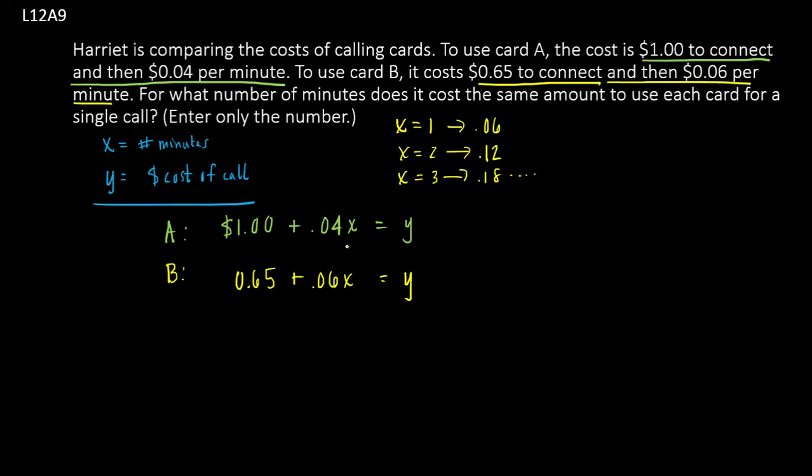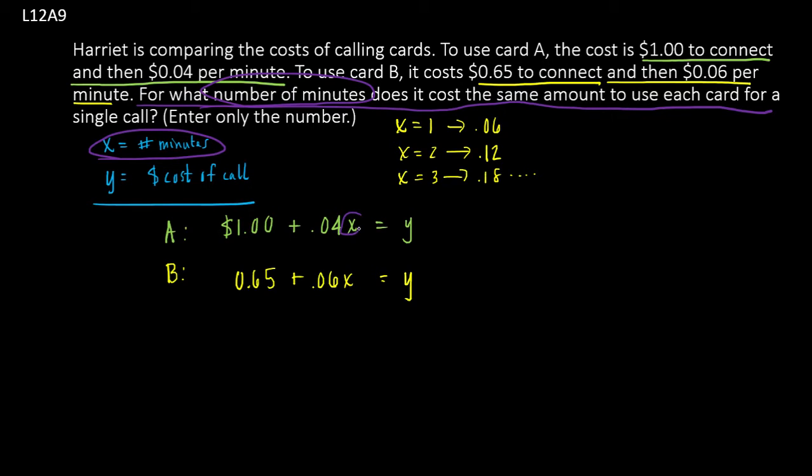Okay, so we have these two equations that tell us the cost of making a call with card A and card B. Now the question is, for what number of minutes does it cost the same amount to use each card? So we're solving for x because they say for what number of minutes, and x is equal to number of minutes.